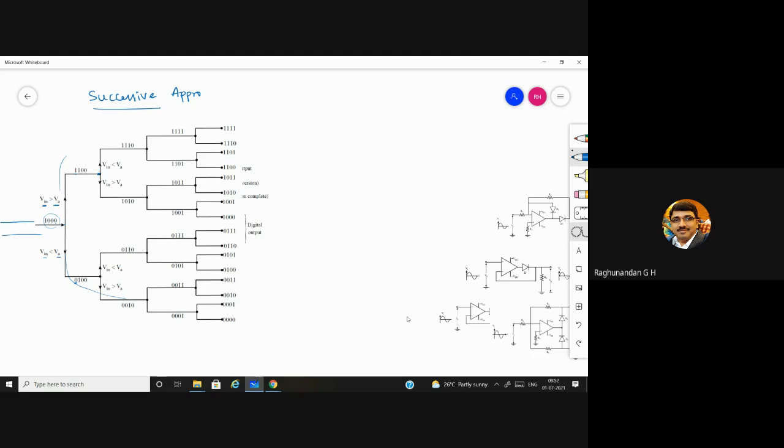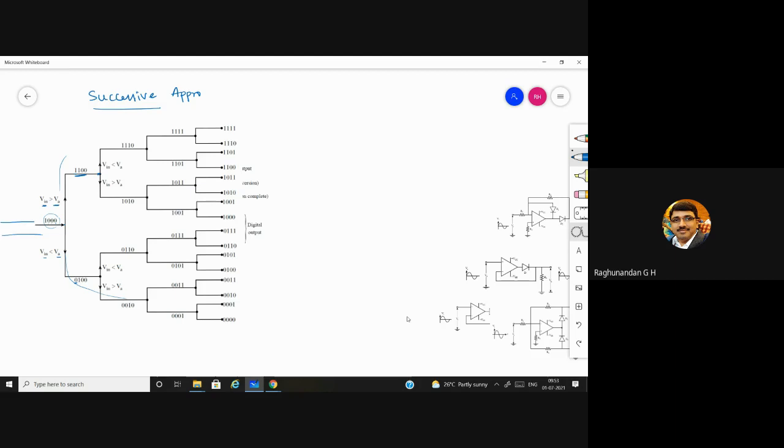Now again we are going to compare. So see, now this becomes the present value, and it is going to compare with the input. If the input is greater than VA, during that time it is going to this level.